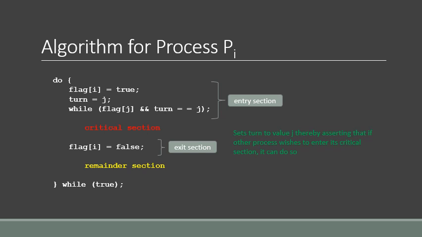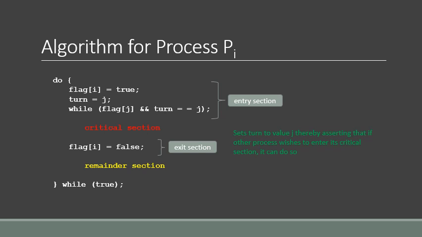The last statement of the entry section is a while statement in which two conditions will be checked: the flag of j and turn. So process Pi will check that the flag of j is true as well as the turn is equal to j.